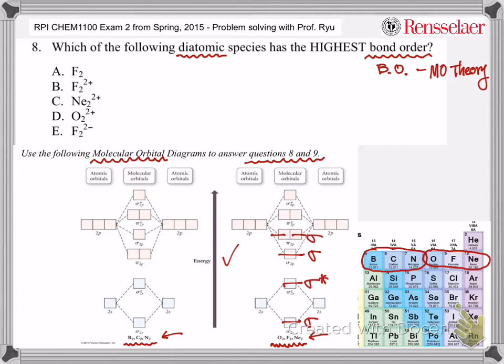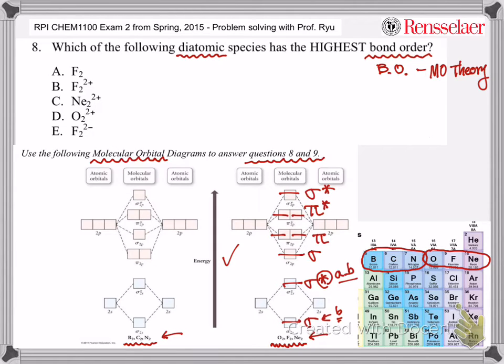The ones without the superscript star are bonding orbitals, and the ones with the star, which is a pi star and sigma star, are the anti-bonding orbitals, right? So the star means anti-bonding, and the others are bonding electrons.